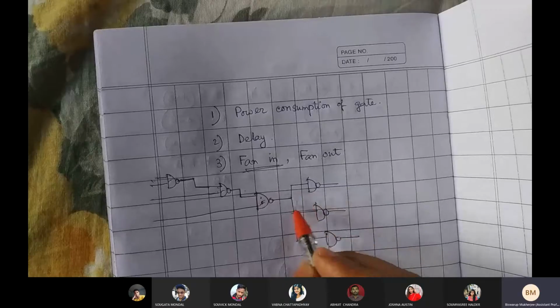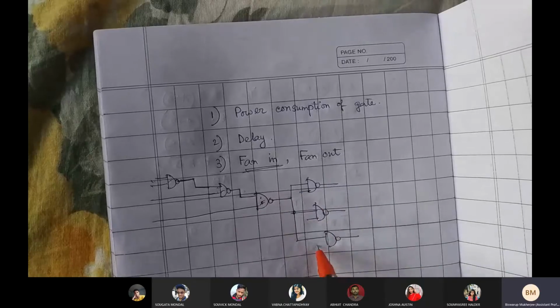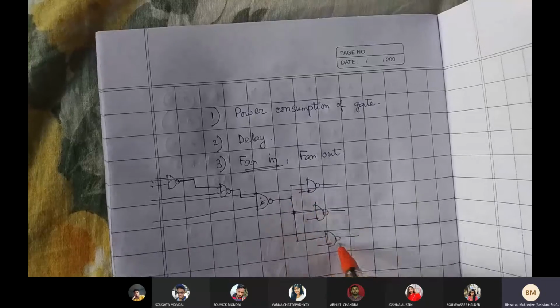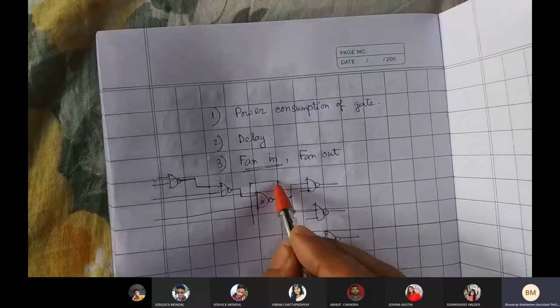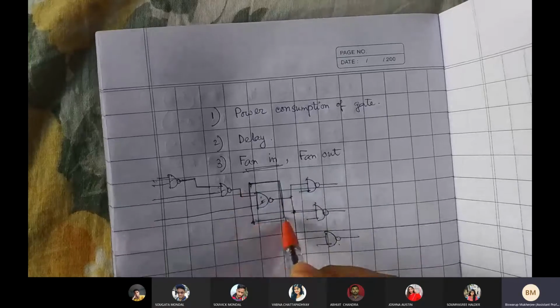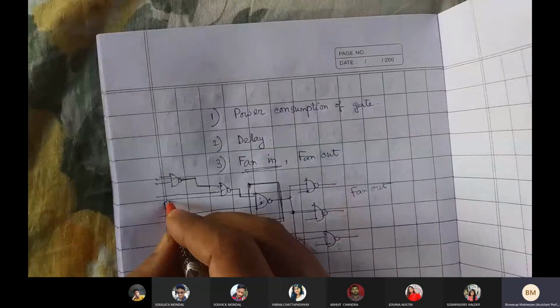So there are some other inputs for those NAND gates also, but you have given that one. So how many NAND gates is this center NAND gate actually driving? How many NAND gates is it driving? That is called the fan-out. So this is something like fan-out, and this is something like fan-in.